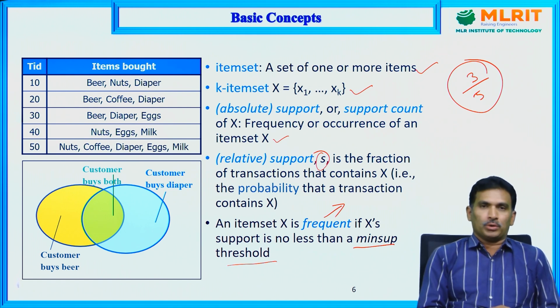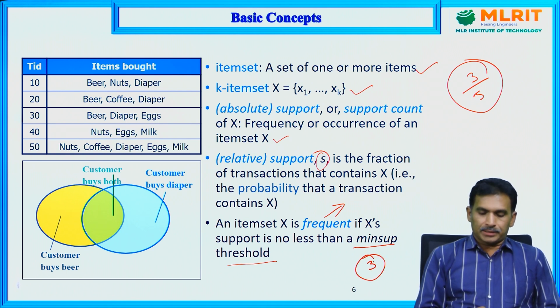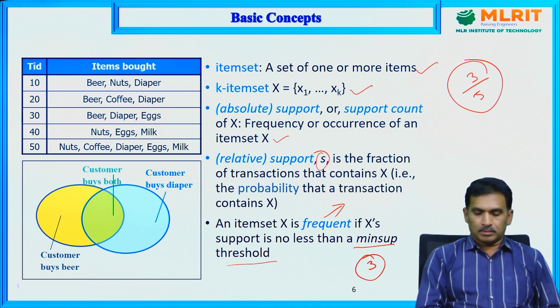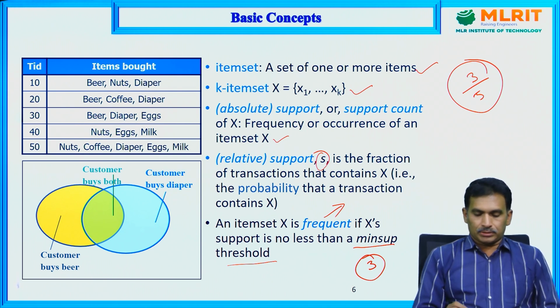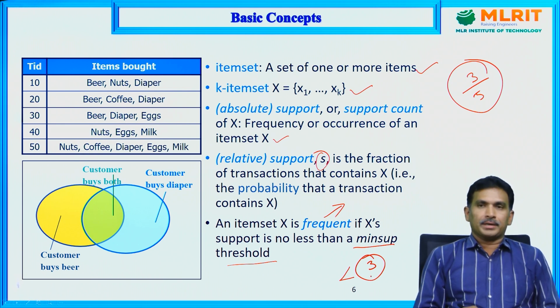Suppose the minimum specified threshold is, let us say, 3. If X's support is not less than that, that means an item set whose frequency or count is 3 or more, then that is called a frequent item set.